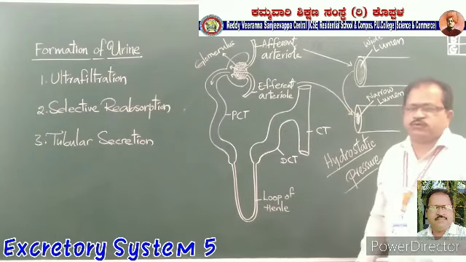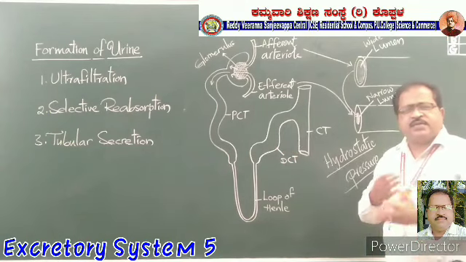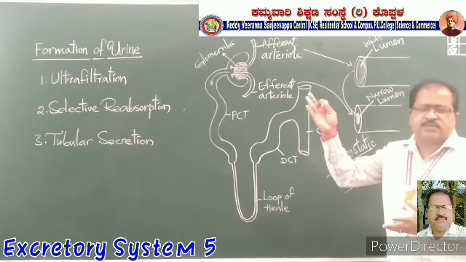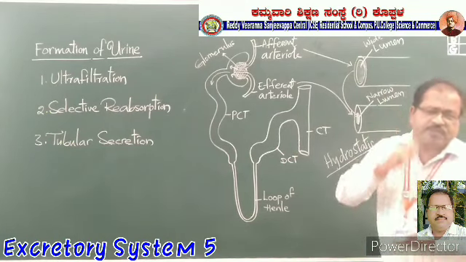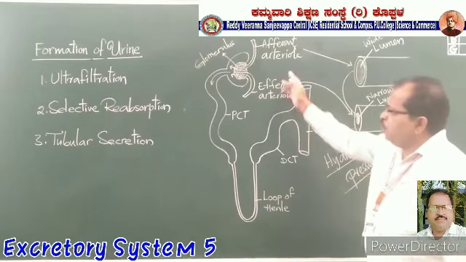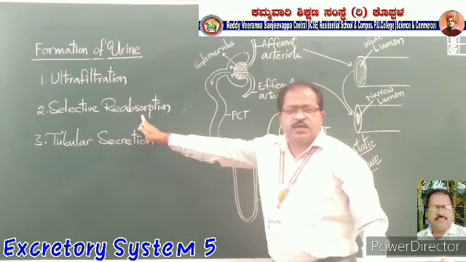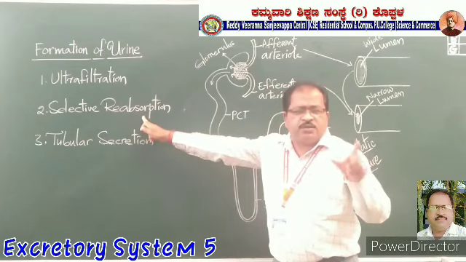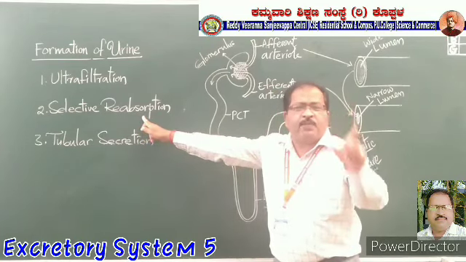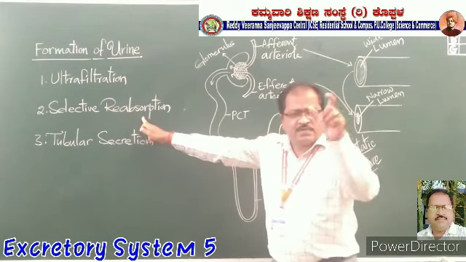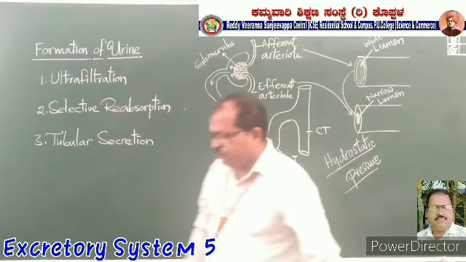There it is poured, and afterwards it is sent to the lungs for purification. After the completion of ultrafiltration, we move to the second stage of the formation of urine, which is selective reabsorption.